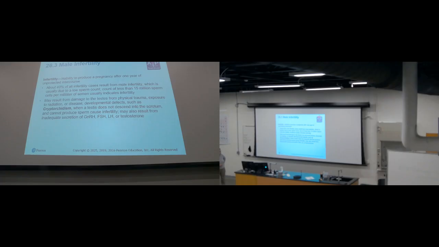And that can be due to damage to the testes from physical trauma, an infection of the testicles like rubella virus infection, radiation, developmental defects, or cryptorchidism, which is when the testicles didn't descend during fetal life.